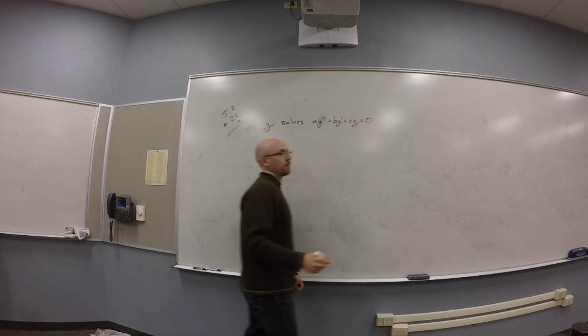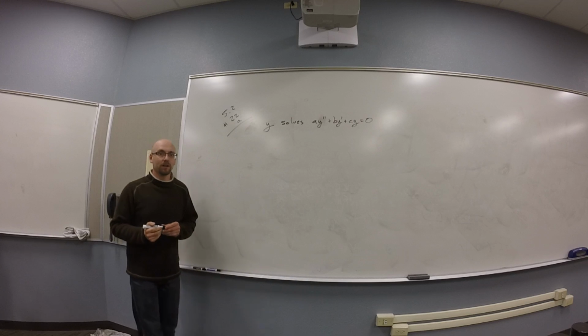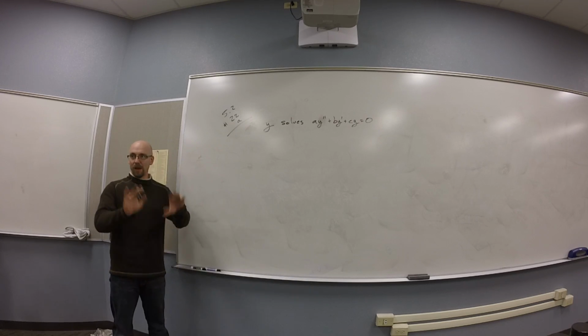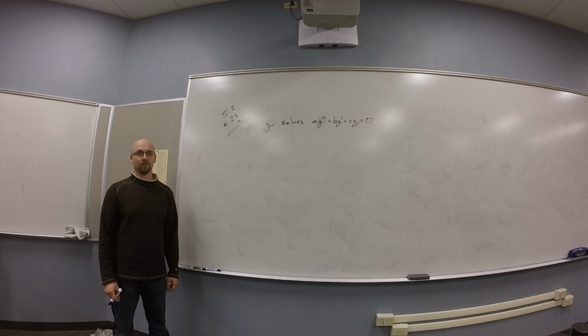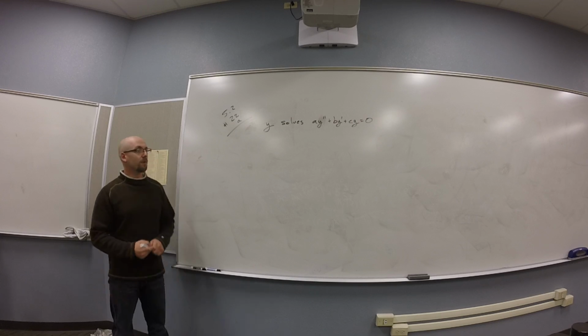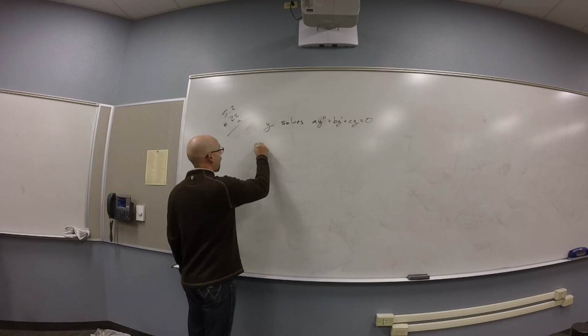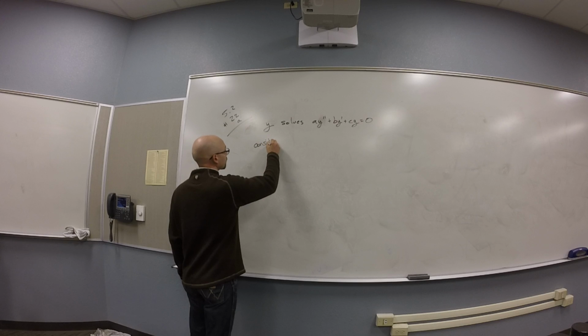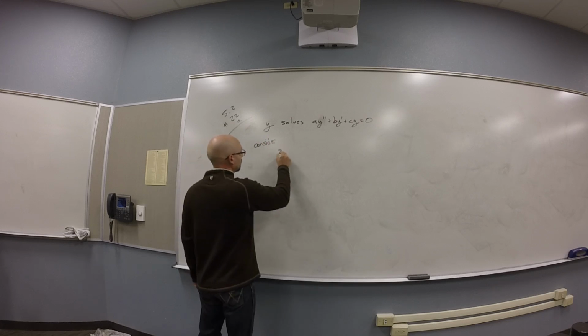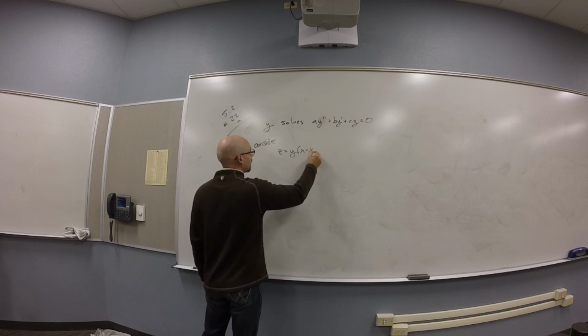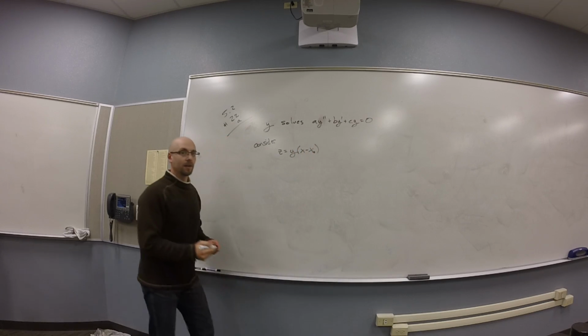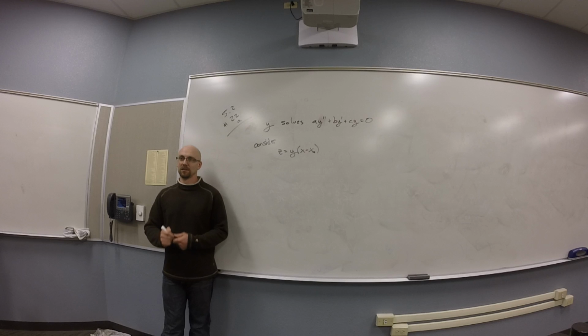So you have some spring, and you have some behavior for that spring. Then they want you to consider z, which is y, but evaluated at x minus x naught instead of at x.